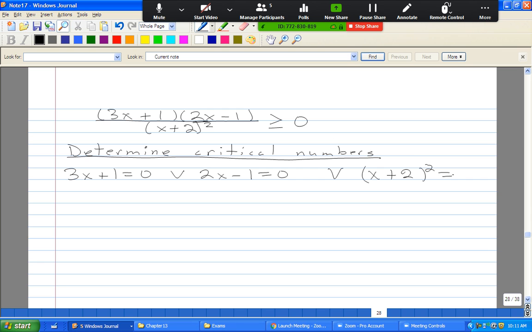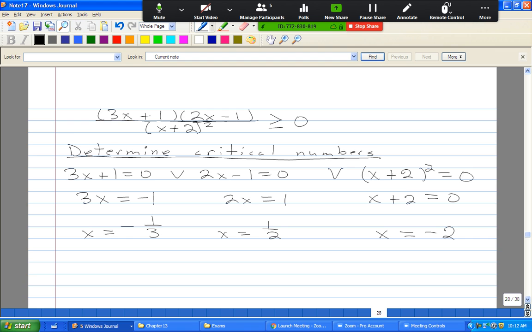So subtracting 1, dividing by 3, I get x equals negative 1/3. Adding 1, dividing by 2, x is 1/2. Taking the square root, subtracting 2, I get x equal negative 2.